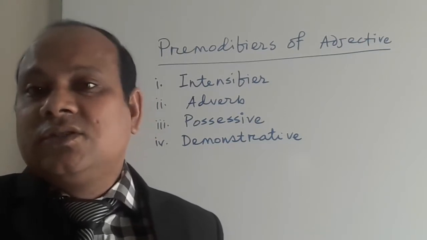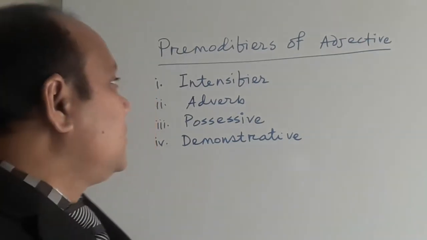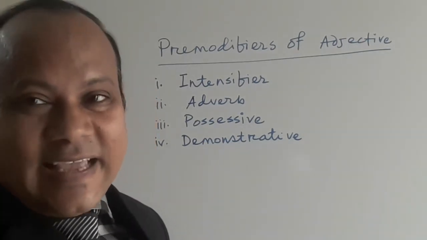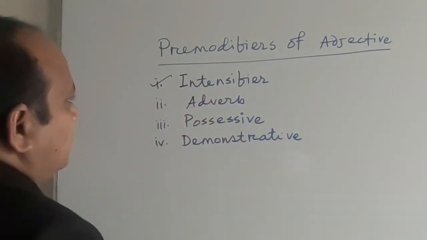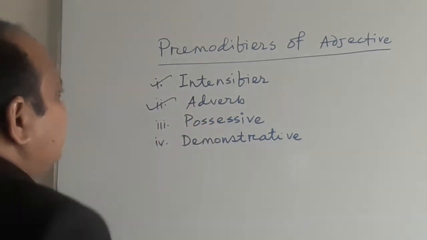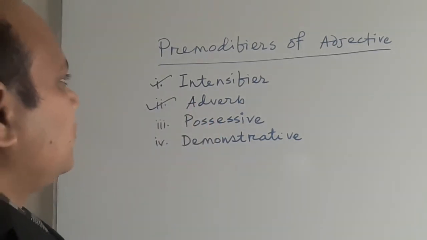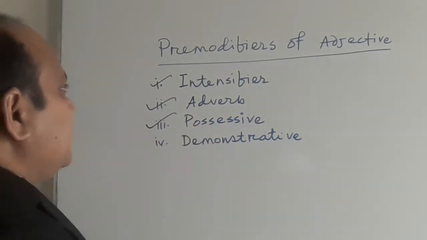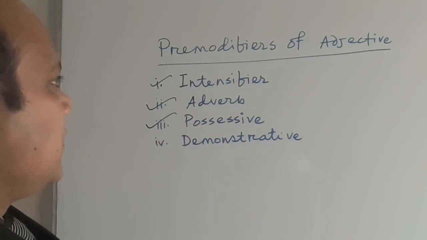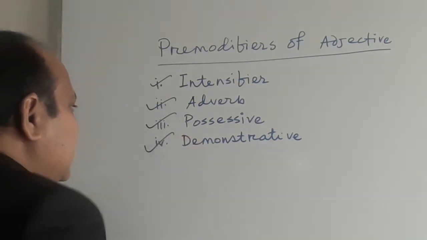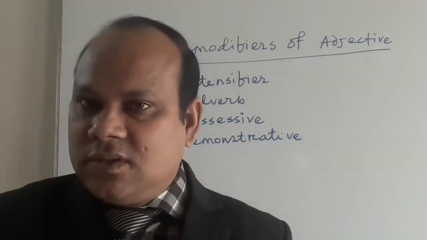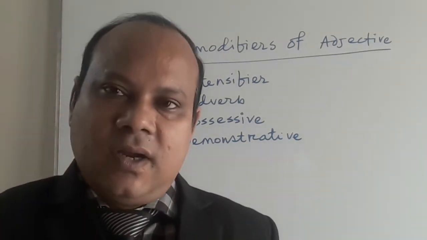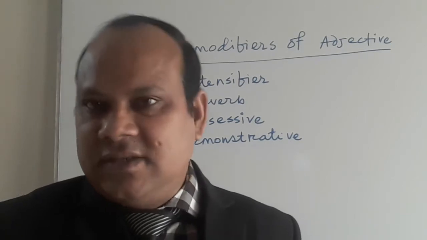Now, my dear students, we will observe what are the pre-modifiers of an adjective. Intensifier can be used as a pre-modifier of adjective, adverb can be used as a pre-modifier of adjective, possessive can be used as a pre-modifier of adjective, and last but not the least, demonstrative can be used as a pre-modifier of an adjective.